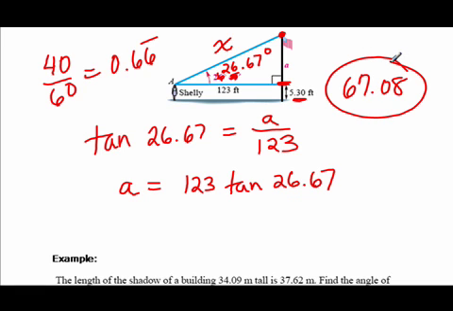So there's how tall, in feet, the flagpole is. Questions or concerns there? So as you can see in some problems, you are forced to use a specific trig function. You just can't pick any one like you could when we were solving the right triangle.